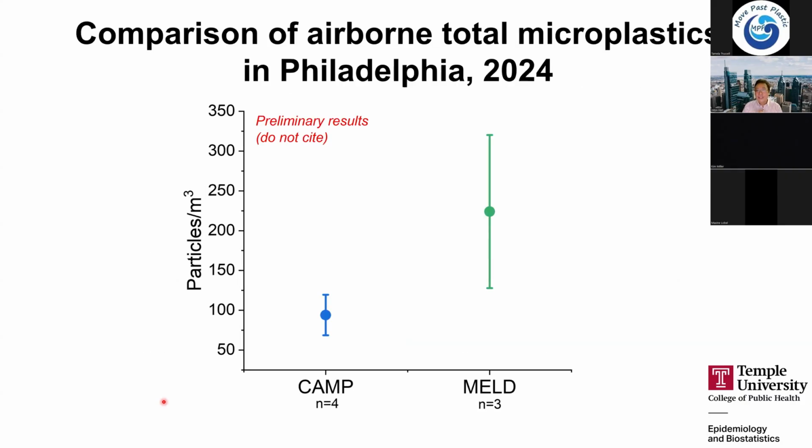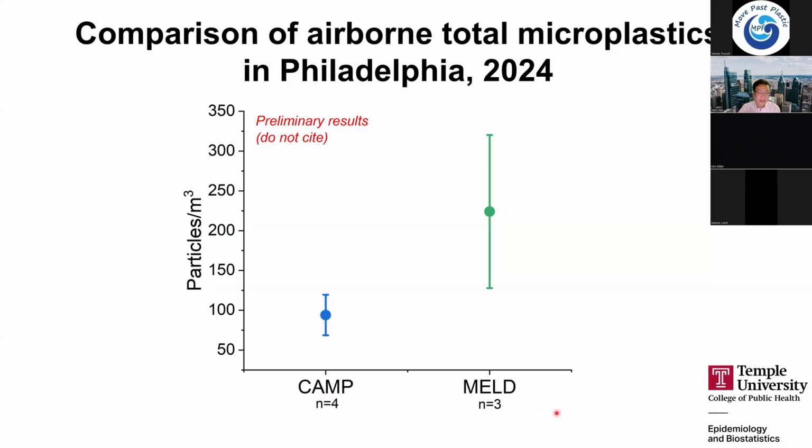Okay, so now I want to share some of the ongoing study results about the microplastic data. As of right now, this is ongoing progress, and among 48 locations, we just completed microplastic analysis at 4 locations for the campus study.